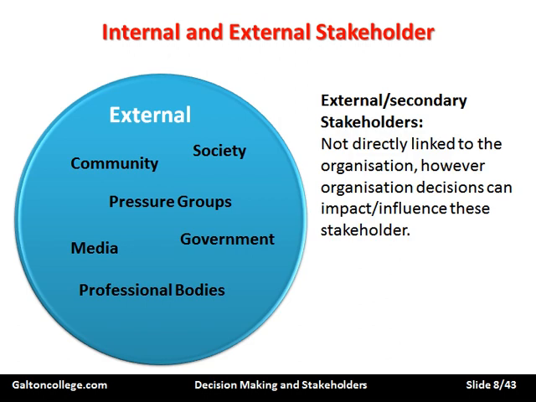They're not directly linked to the organization, but the organization's decisions do impact on this set of stakeholders. Perhaps local shopkeepers would be affected, local restaurants, local taxi companies. These are external stakeholders.